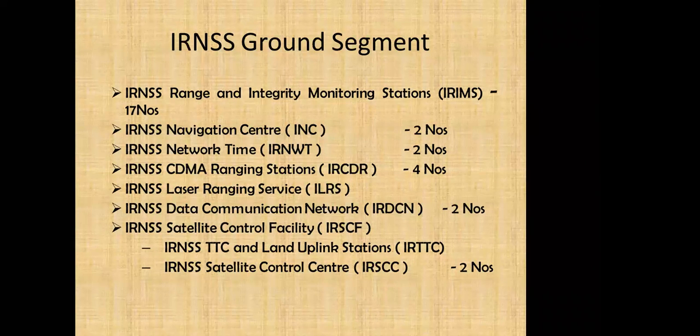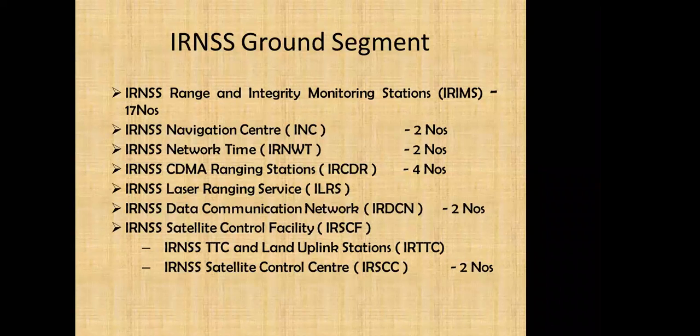Then we have a navigation center which receives the signal from all the monitoring stations and from all the other stations. Then we have 2 IRNSS network time facilities. They are at Lucknow and Bangalore, and they maintain the IRNSS time. Means all the satellite clocks are synchronized with this IRNSS network time facility, which is located at Bangalore and Lucknow.